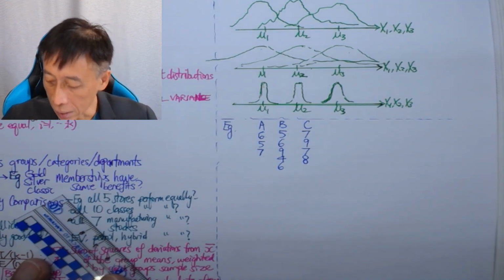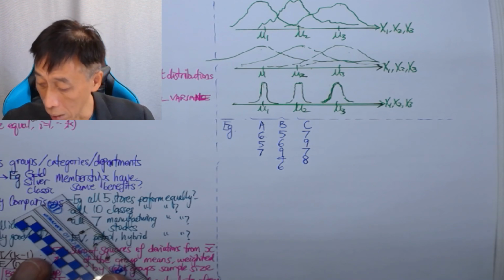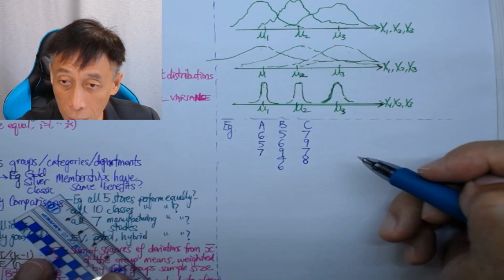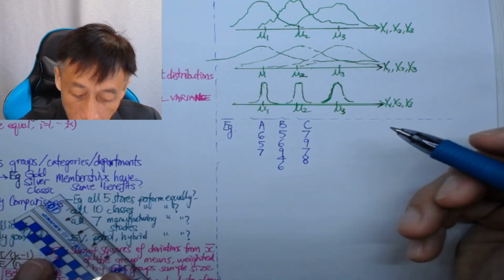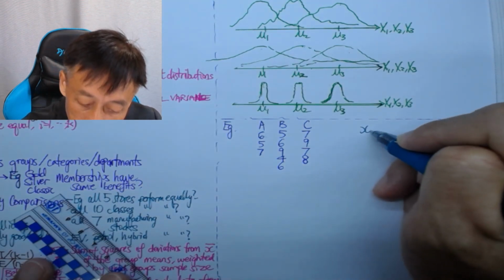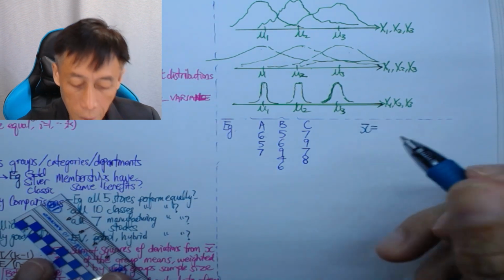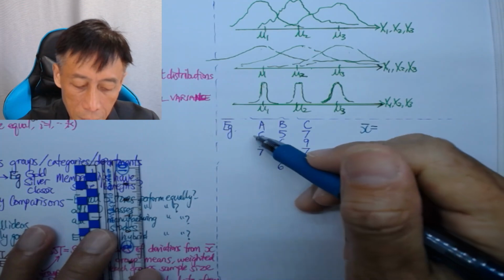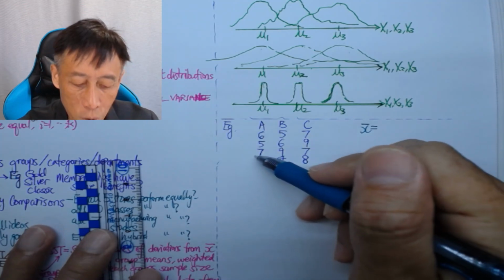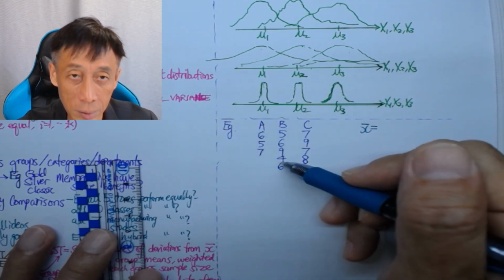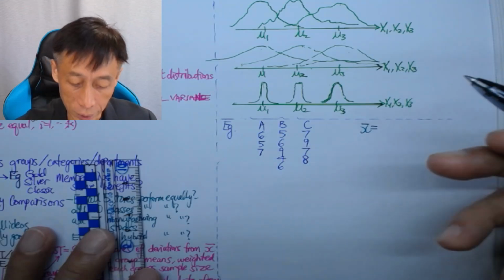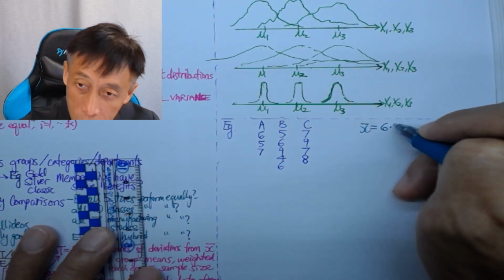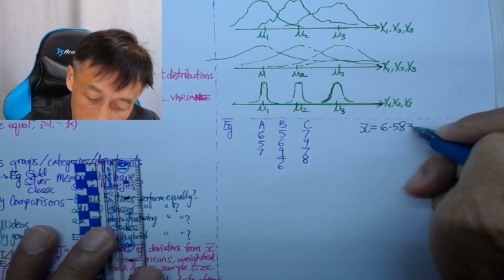Well, next we start our calculations. First thing first, we calculate our x bar. x bar is to treat everything as one sequential data set, tentatively ignoring the boundaries. If you take the average, I hope you get what I get, which is 6.5833.